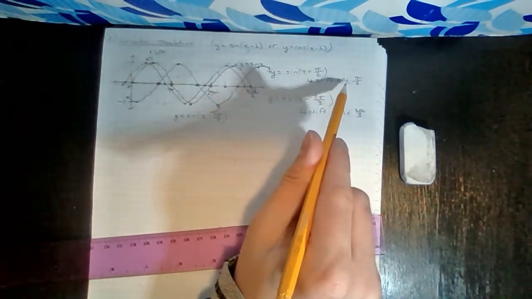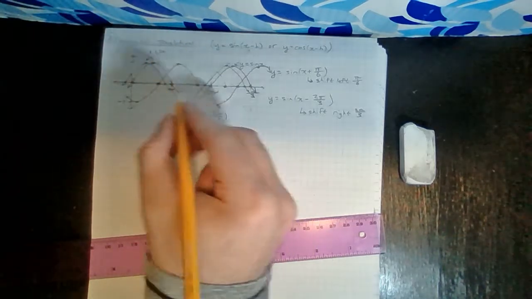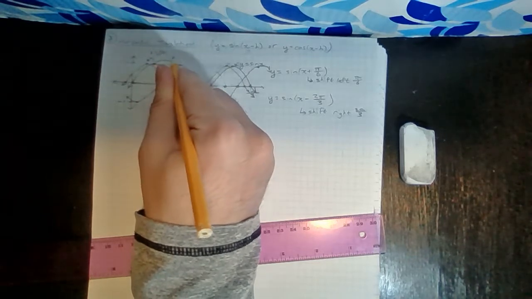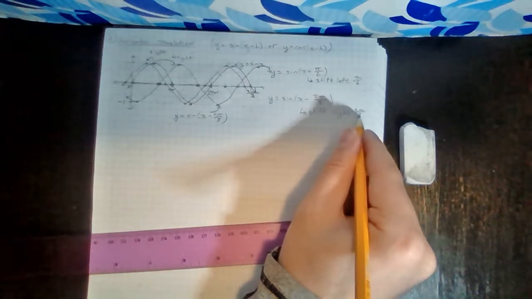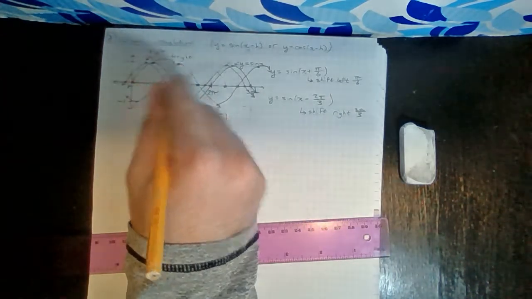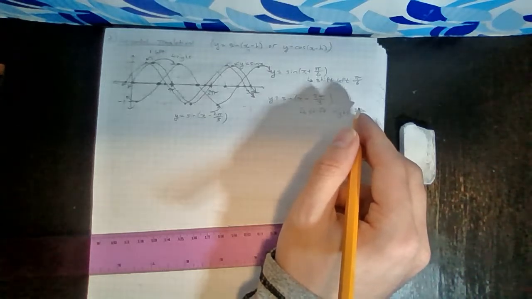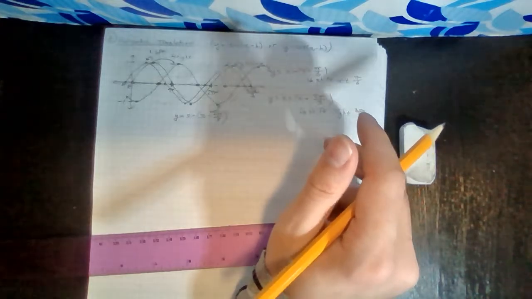When we were shifting left pi over 6, each unit was pi over 6. We shift 1 unit to the left. Or we shifted 4 units to the right for 2 pi over 3. 4 pi over 6s is the same as moving over 2 pi over 3 if we simplify that fraction. So that is our horizontal translations.